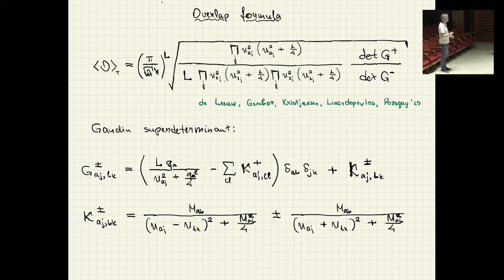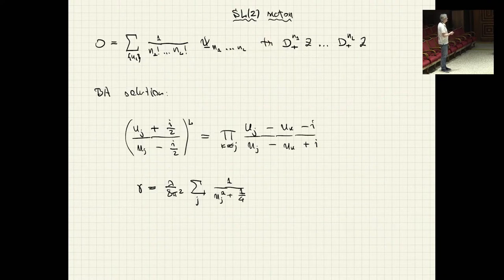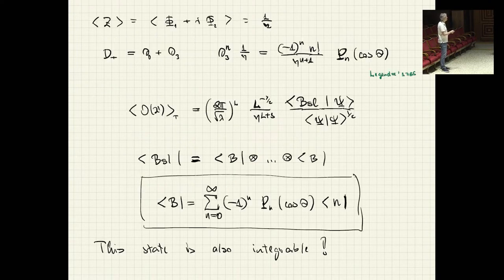What one needs to find is how this prefactor is modified, because the Gaudin part stays the same. One can also do the same game with operators that contain derivatives. Let me maybe skip this part. Here one needs to use the formula that was derived by Legendre in 1785.